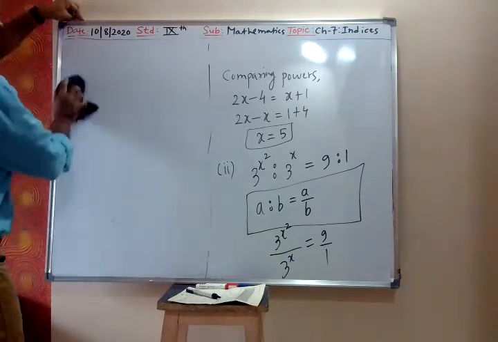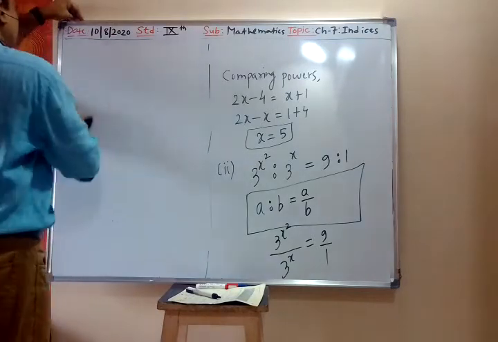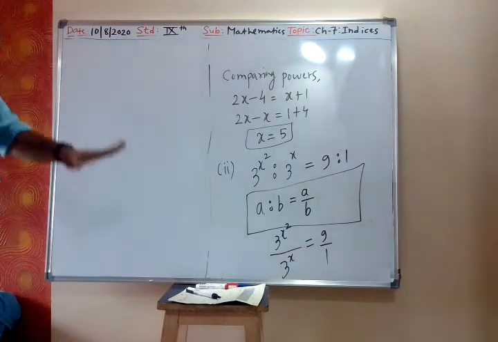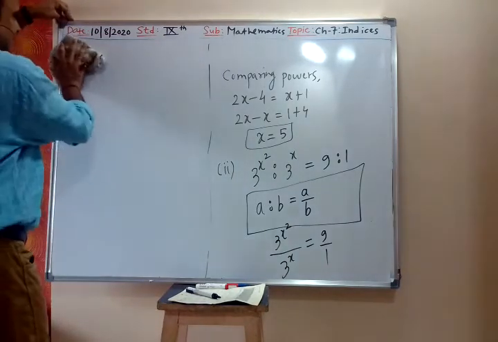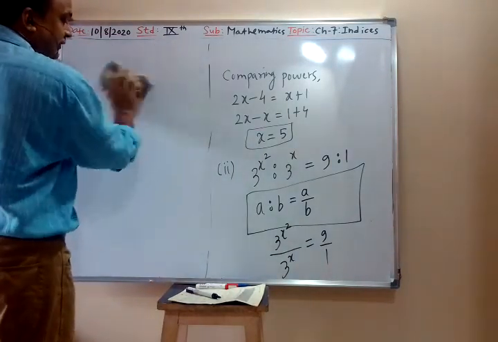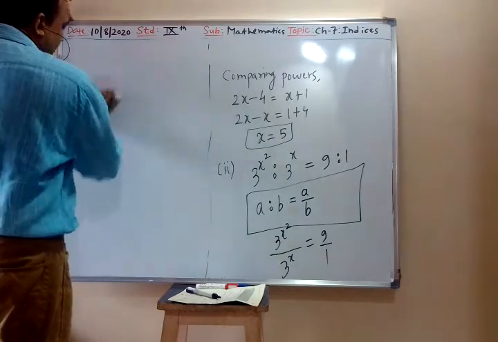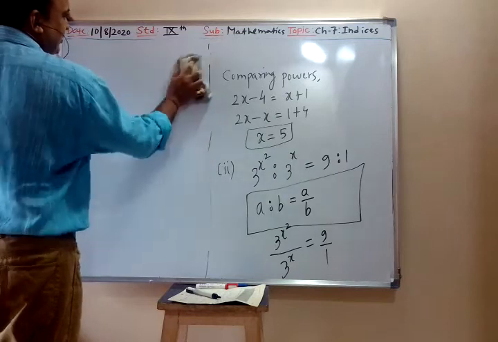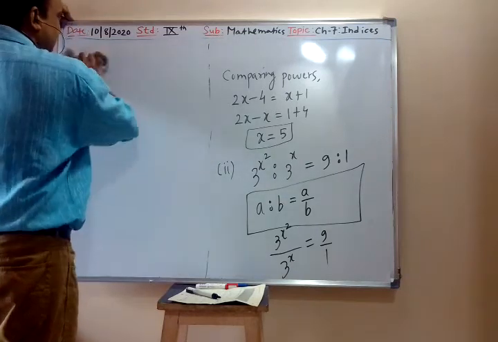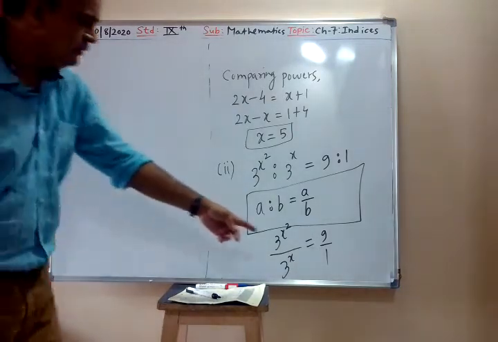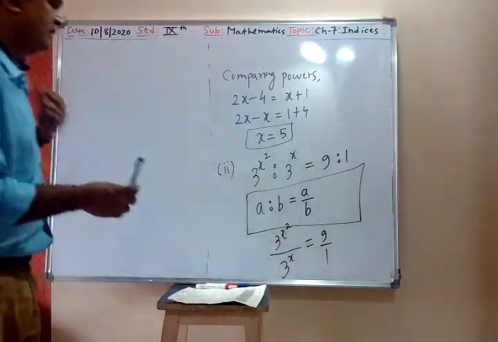If it is x square and x, we can only write the minus sign between them, but we cannot subtract them. You can do it that way also, but I advise you to just cross multiply, no problem.